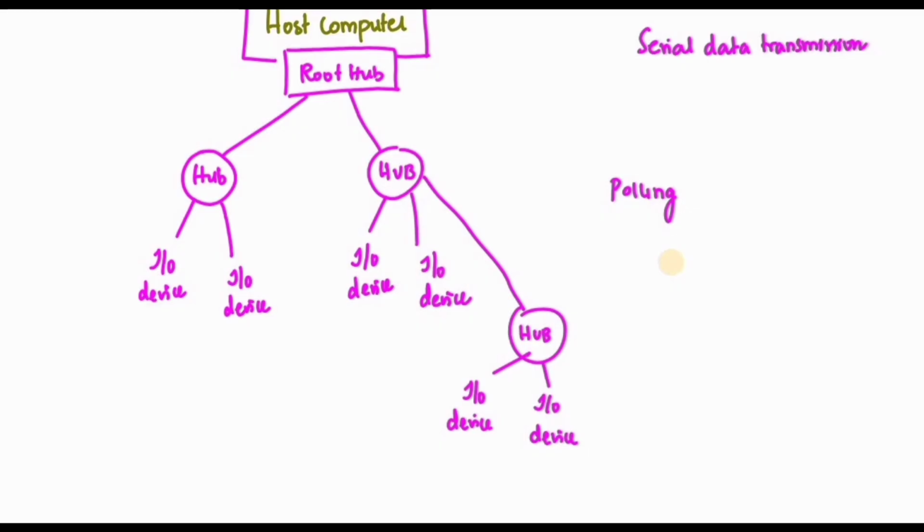Whenever the host is informed that a new device has been connected, it will read the information in a special memory in the device's USB interface to learn about the device capability. After that, it will assign the device a unique USB address and write that address in one of the device interface registers. So this is the initial procedure of the USB plug and play capability.